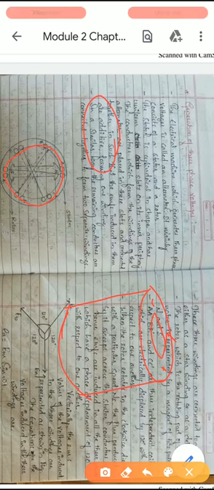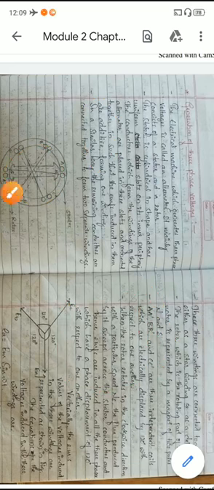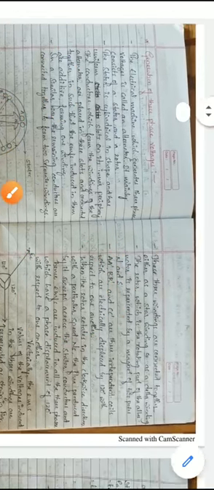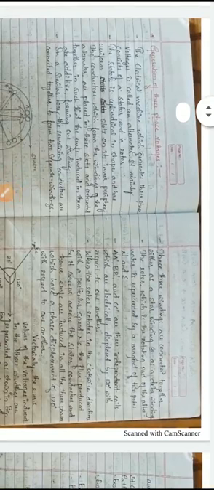Here three windings are connected together either as a star winding or a delta winding, that we'll discuss later, don't worry.